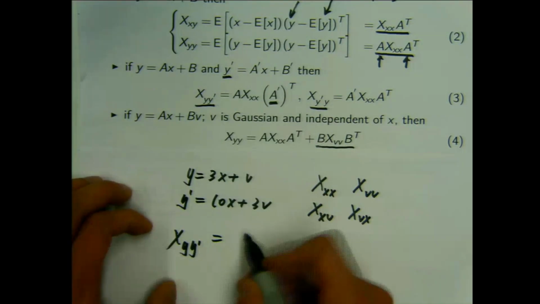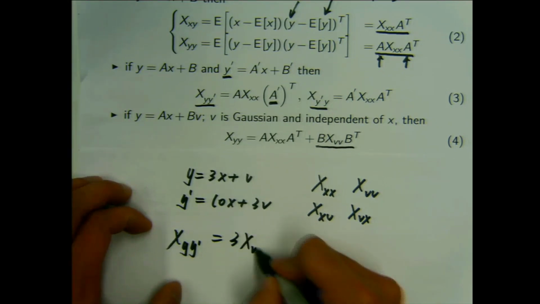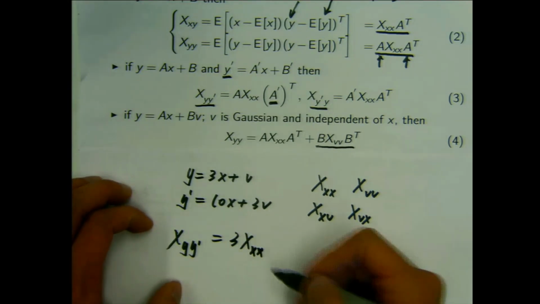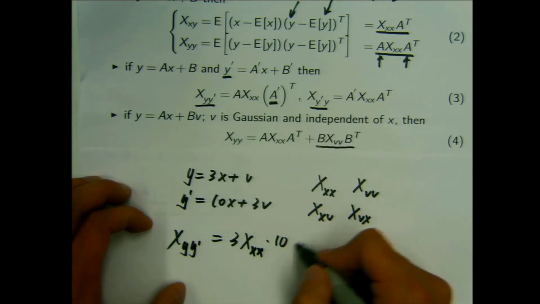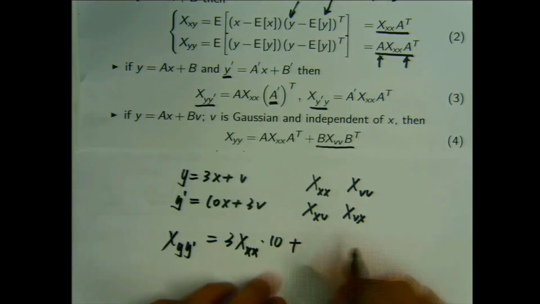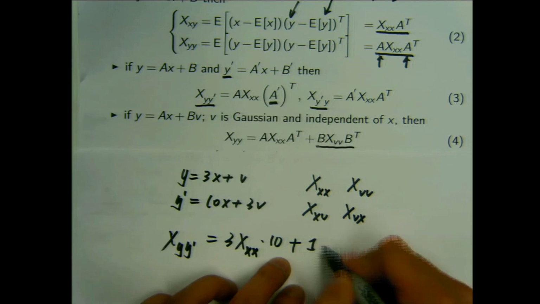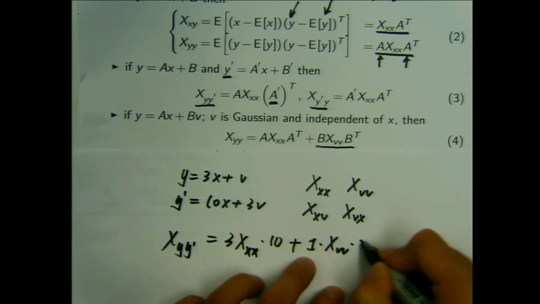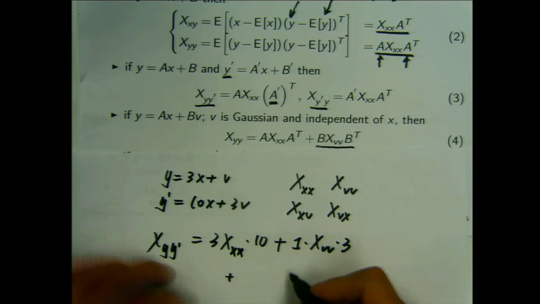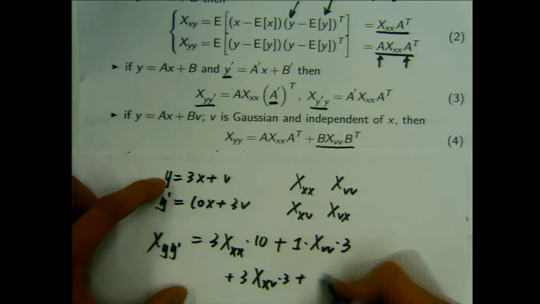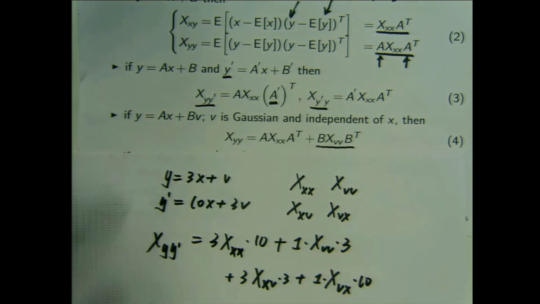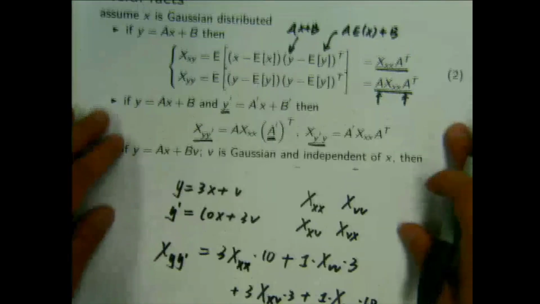So it's going to be 3 times the variance of X, since it's a scalar case, times 10. There's a transpose, but it doesn't matter because it's a scalar. Plus 1 times the covariance of V times 3. Then plus the cross product terms between X and V: 3 times the XV term times 3, plus 1 times the VX term times 10.